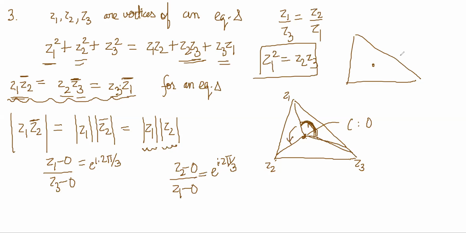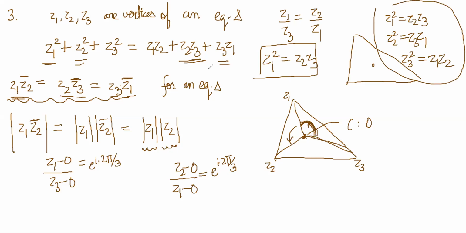So basically, in an equilateral triangle, you have Z1 square is equal to Z2 Z3, Z2 square is equal to Z3 Z1, and Z3 square is equal to Z1 Z2. So the summing up of all three is also going to be equal to this, right? So that is an interesting thing to know.